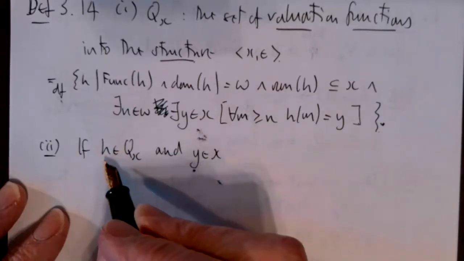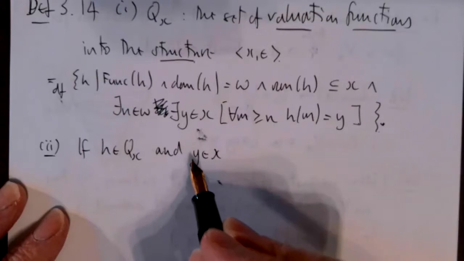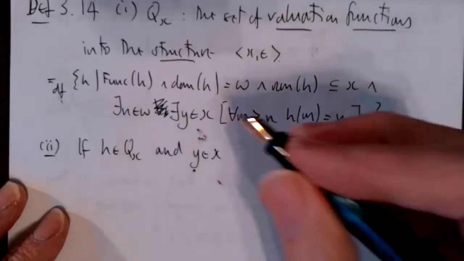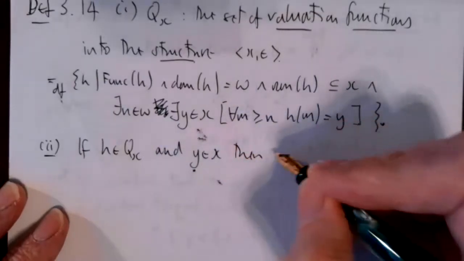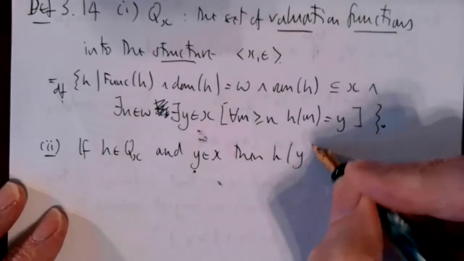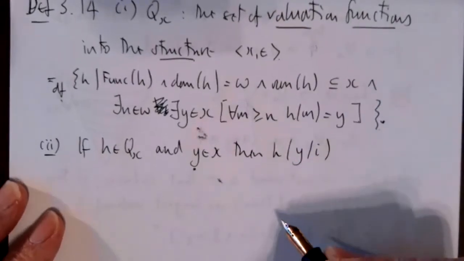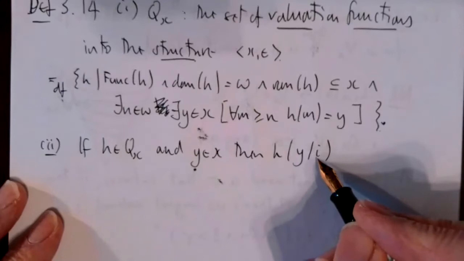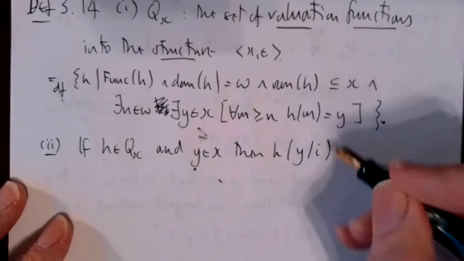It'll ignore what h of i was, but the new valuation will return y. So we'll look at h modified.